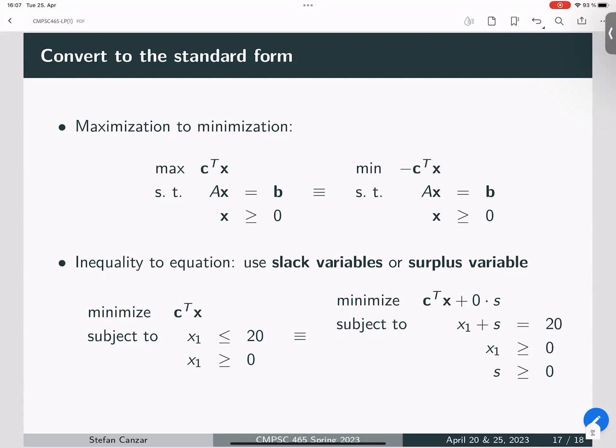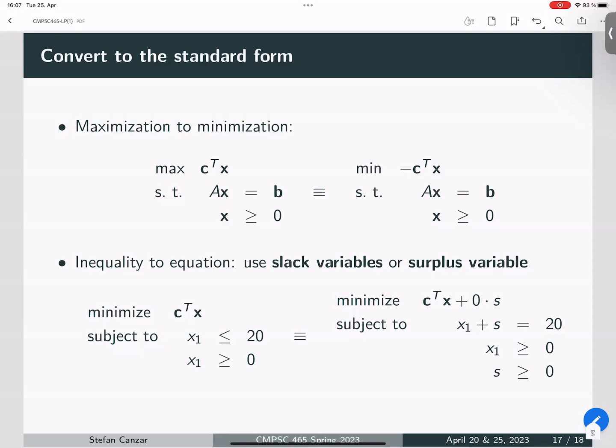So every feasible solution here corresponds to a feasible solution here of equal value. And the same is true in the reverse direction. Whenever you have something that satisfies that x1 plus S equals 20, then because S is non-negative, x1 must be at most 20. Right? So we can convert back and forth between solutions to one or the other LP.